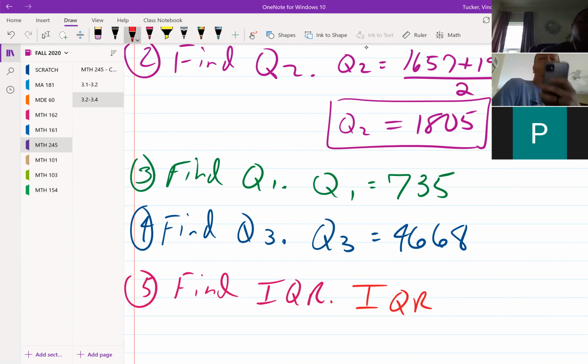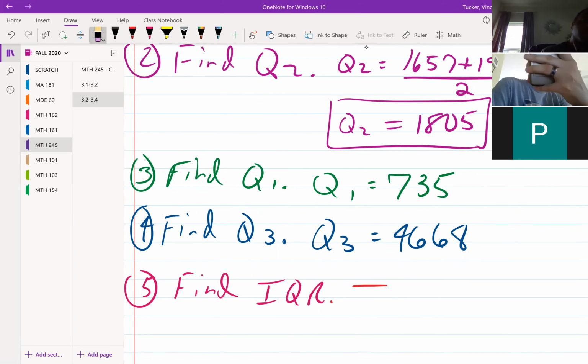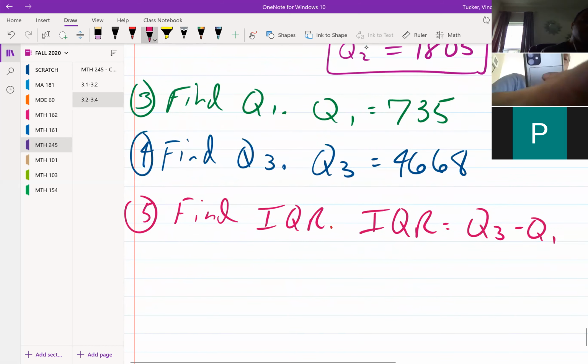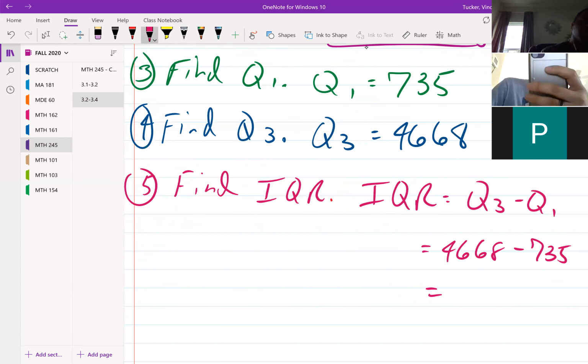The IQR is Q3 minus Q1. That gives $39.33.